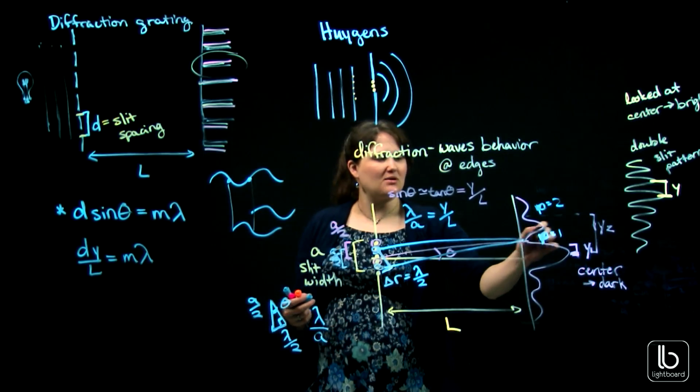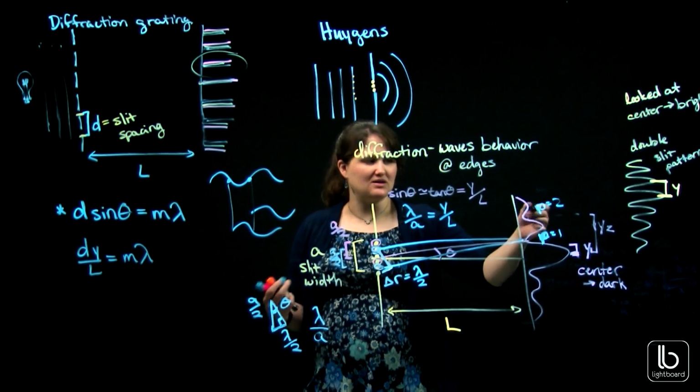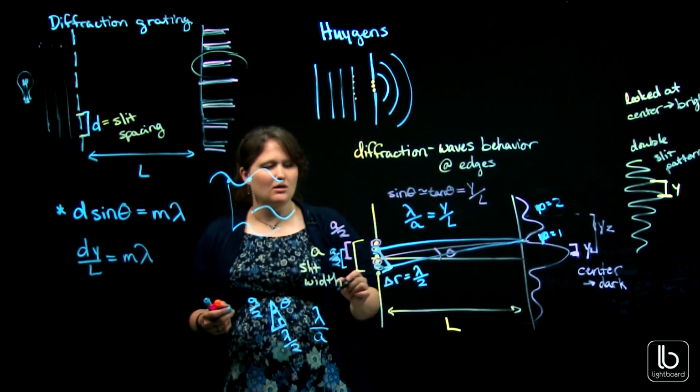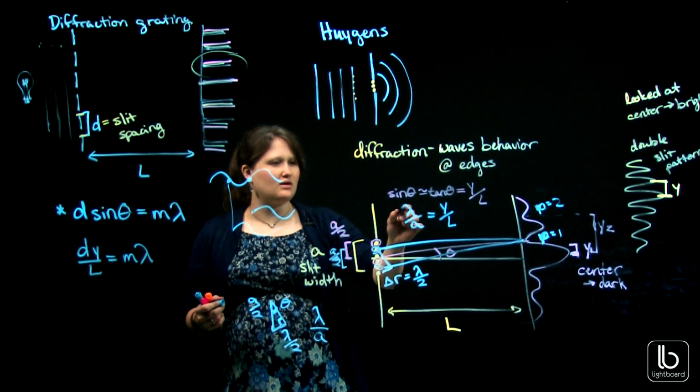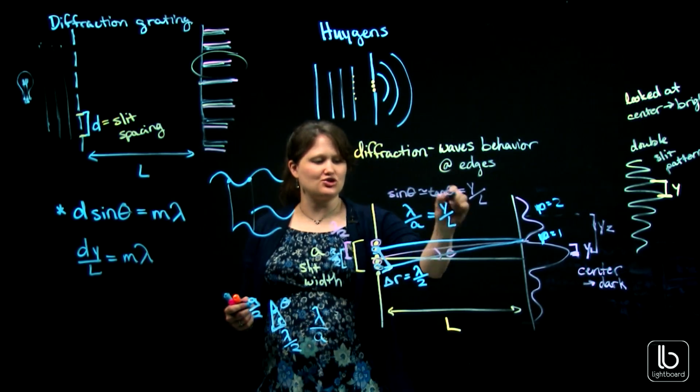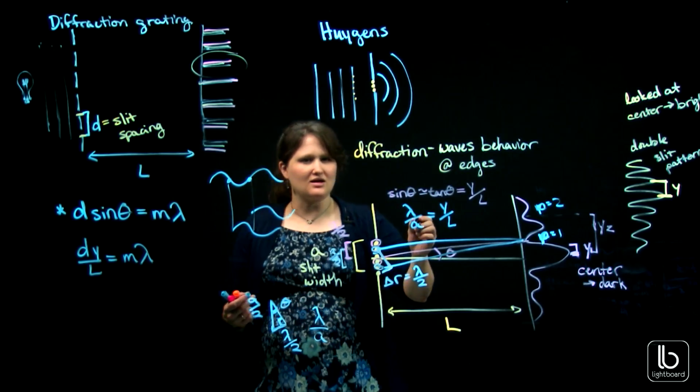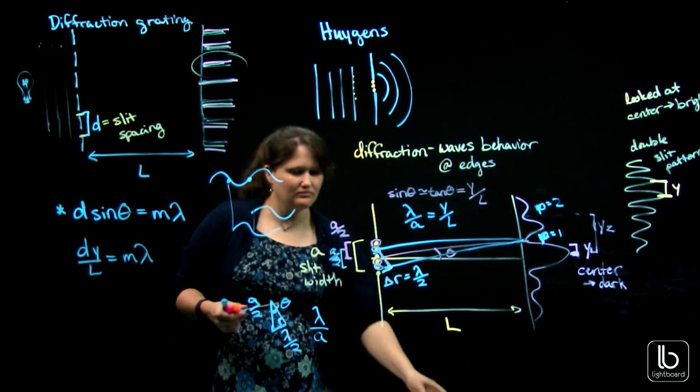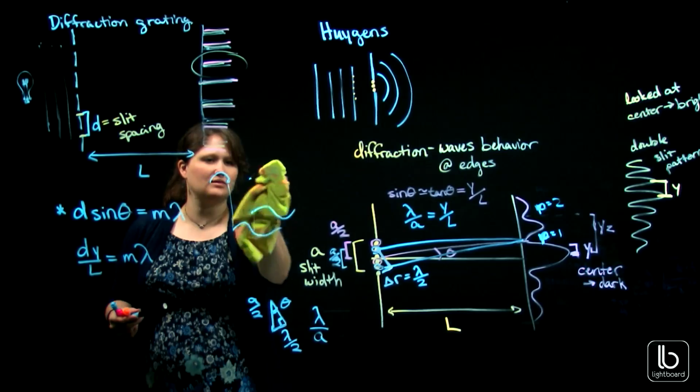So my first dark spot is P equals 1. My second dark spot is P equals 2. So I can take this relationship here and kind of summarize it or rewrite it.